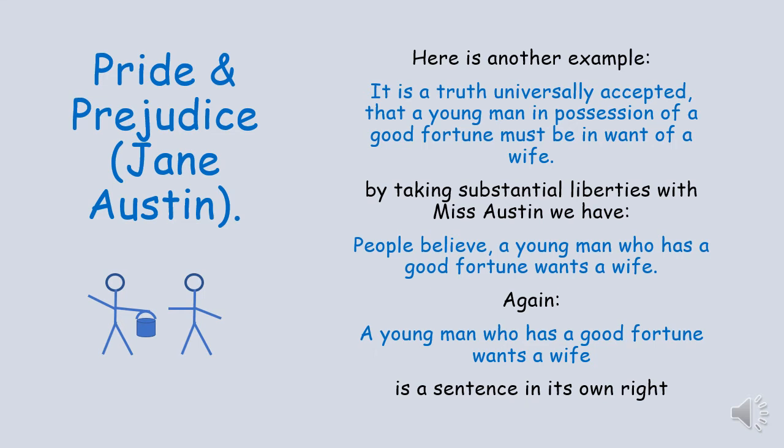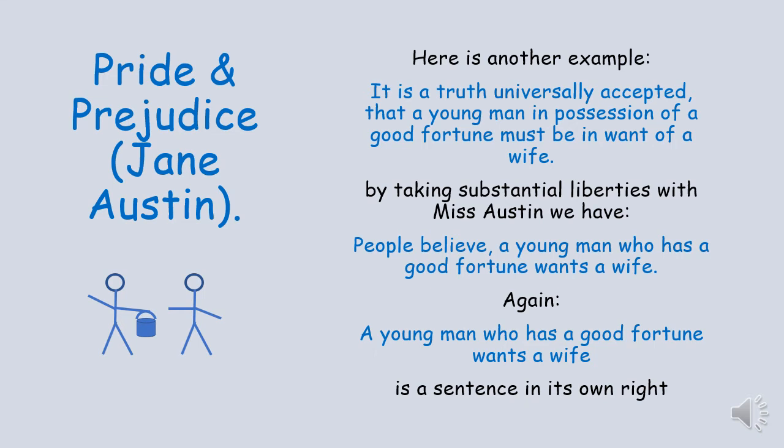It is a truth universally accepted that a young man in possession of a good fortune must be in want of a wife. By taking substantial liberties with Miss Austen's text, we have people believe a young man who has a good fortune wants a wife.